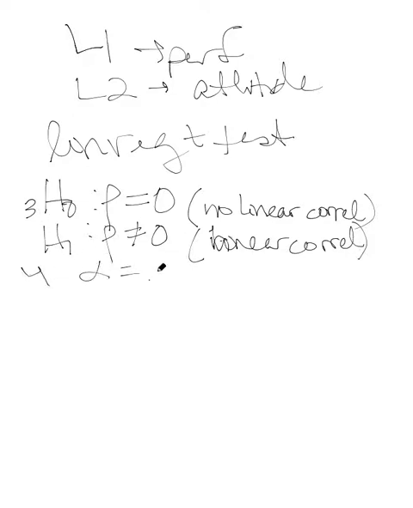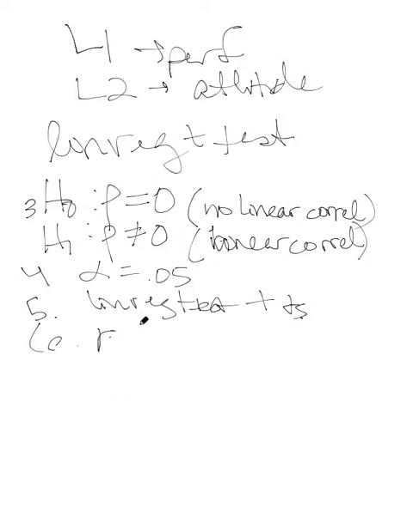Step 4 would be alpha equals 0.05. Step 5, I'm going to do the linear regression t-test, so it's the t-test statistic. And then number 6, once I put in my data in L1 and L2 and do the linear regression t-test, I calculate R. I will get my R test statistic from that, and I got R equals 0.8632.